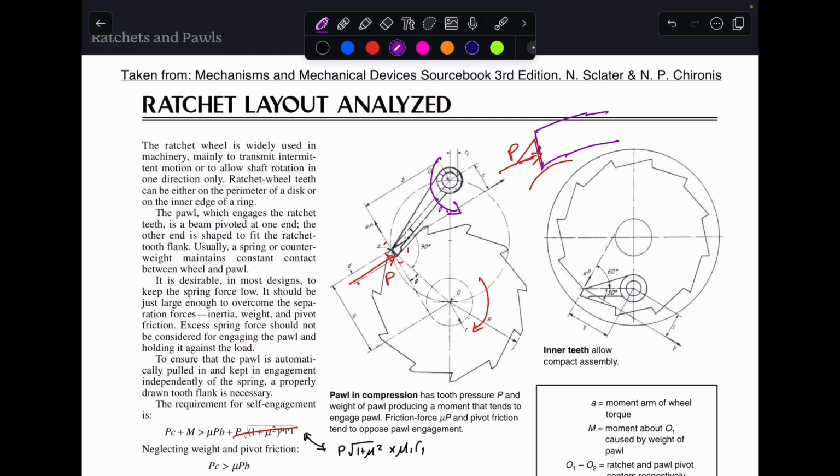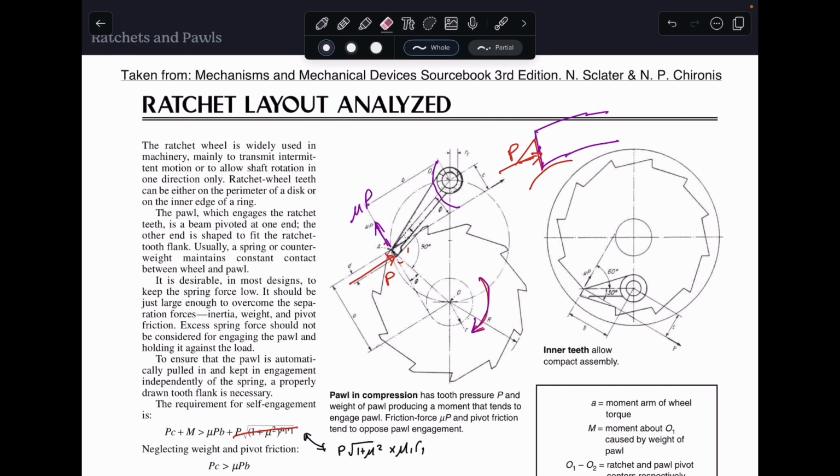So the greater this torque is, we want the pawl to be engaged more and more. We don't want it slipping out, and whatever safety mechanism is preventing something from falling, we don't want that to happen. So we want the pawl to be rotated in this direction. That means a frictional force will be opposing that, which will be in this direction. And that frictional force will be the coefficient of friction times P.